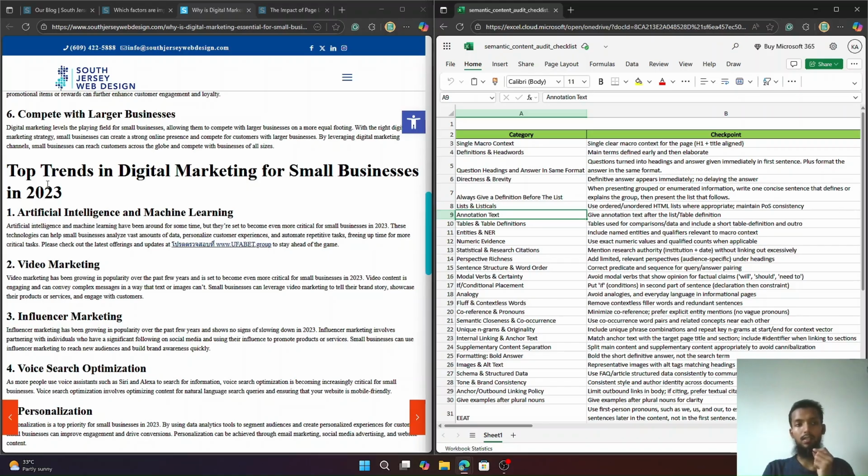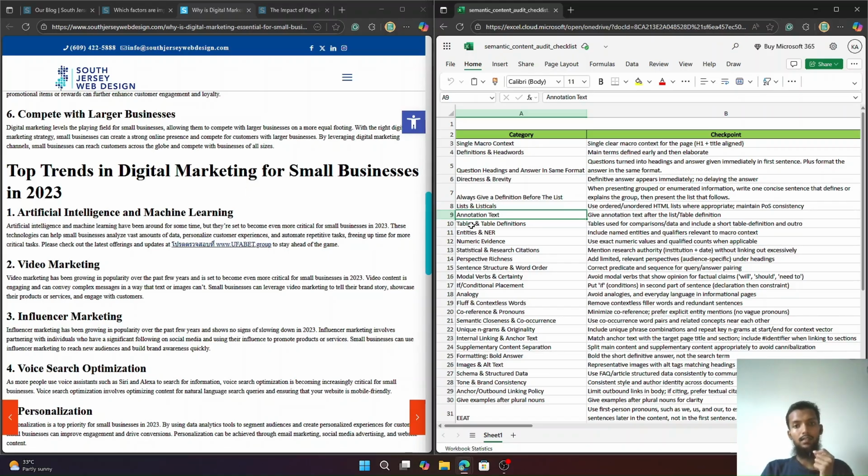Then we give the annotation text, like the top trends of digital marketing for small businesses are listed below. This is the annotation text. So they missed the list definition, they also missed the list prior to the elaboration, and they also missed the annotation text.